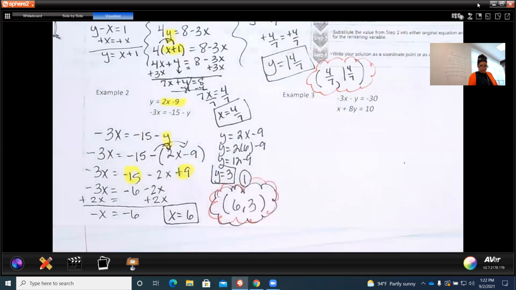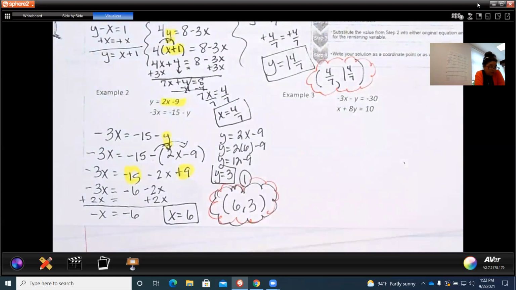Questions? All right, number 3. Do either of those have a variable that's already isolated? Neither of them have a variable that's isolated.